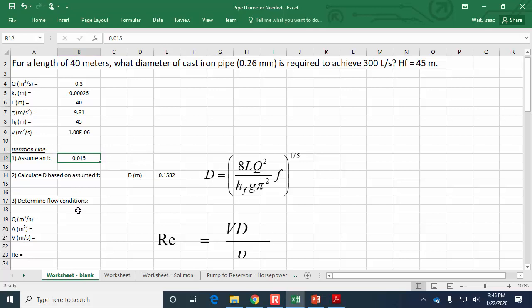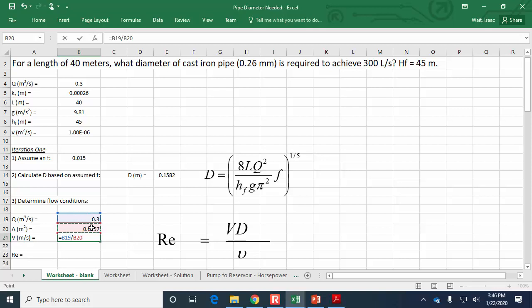But let's see if that's really true. Like, all right, for our known Q of 0.3 and the pipe area, so based on this diameter, the pipe area is pi times d squared divided by 4. And so the velocity would be Q divided by the area.